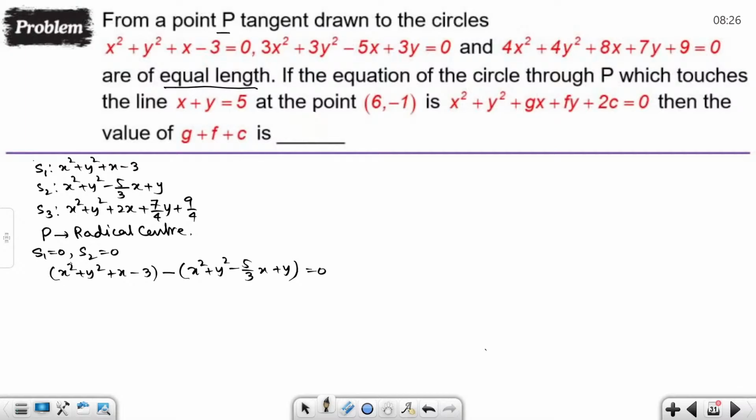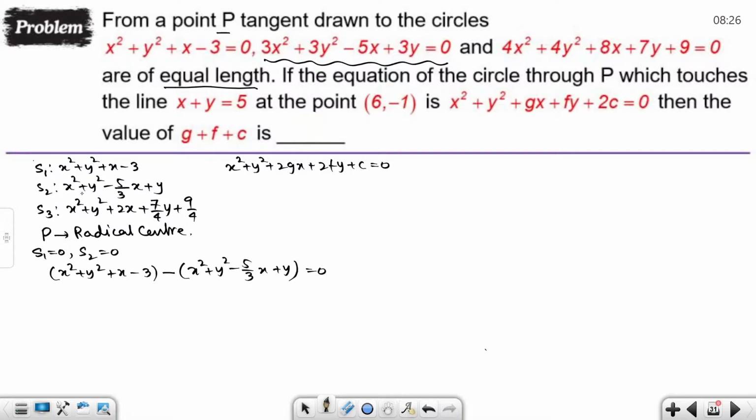But this formula is applied only when the circles are in the form of x square plus y square plus 2gx plus 2fy plus c equals to 0. Remember that. You see, in the second case, it was actually 3 times x square plus 3 times y square.